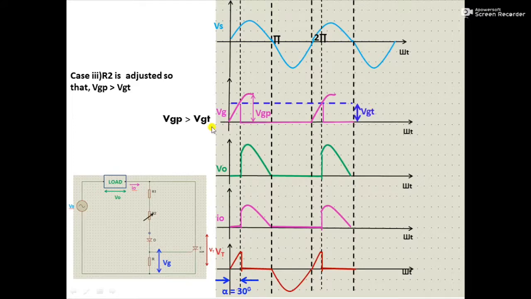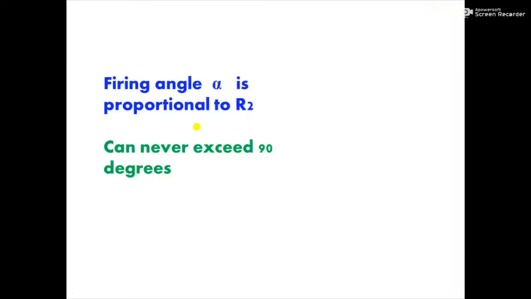If you notice here, the firing angle alpha is always proportional to R2. So as we vary R2, the gate voltage VG will vary. As VG varies, alpha will vary. In the second case, where R2 is adjusted so as to have VGP equal to VGT, in that case alpha is 90 degrees.